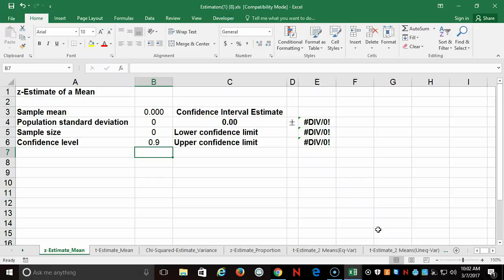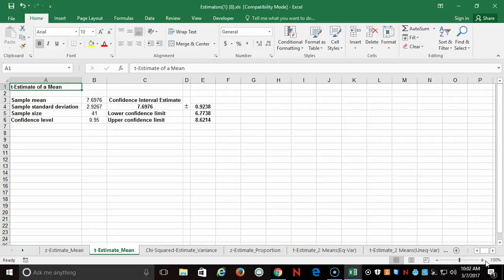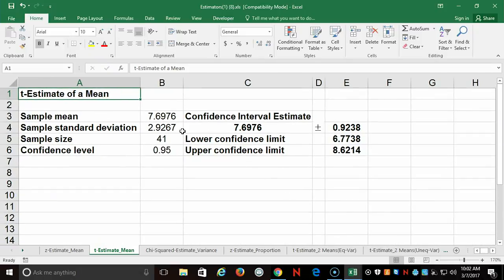Very good. So all I really need to do is go to the next tab in my workbook, and it says T-estimate mean. The input says I need the sample mean, the sample size, the confidence level, but not the population standard deviation, the sample standard deviation.